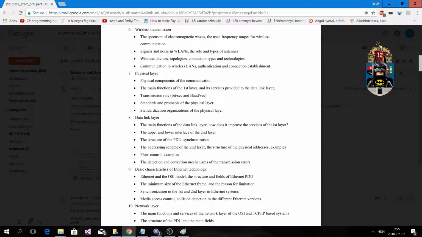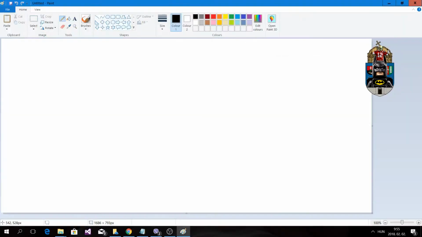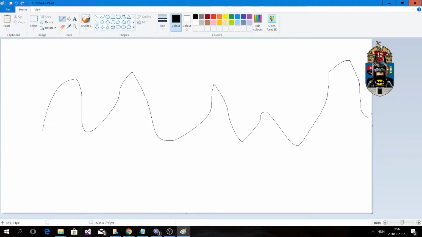And the other important thing is the signaling that I showed in a previous video. If we have this signal, then the signaling is important, as it should tell which one is, for example, a 0 and which one is a 1. So this can be a 1, or this can be a 1, or this is a 1.